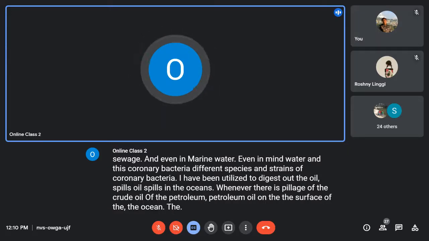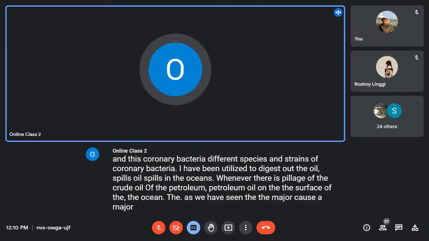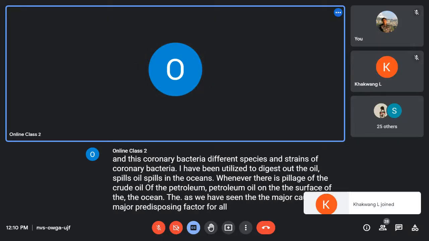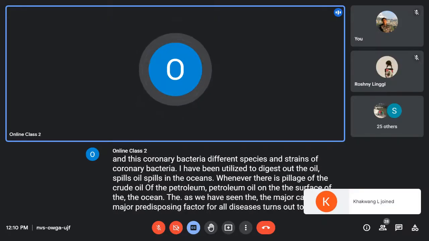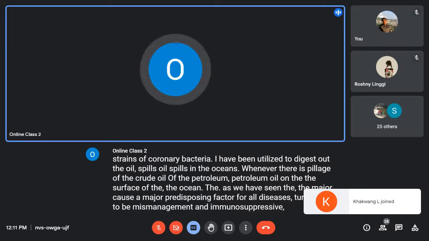As we have seen, the major cause or major predisposing factor for all diseases turns out to be mismanagement and immunosuppressive factors.